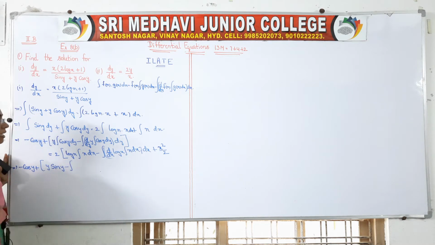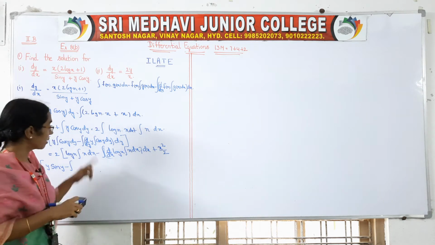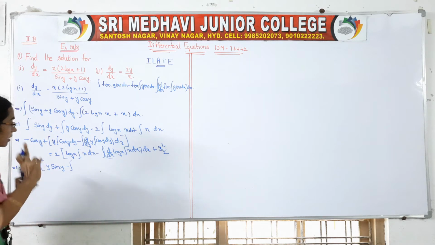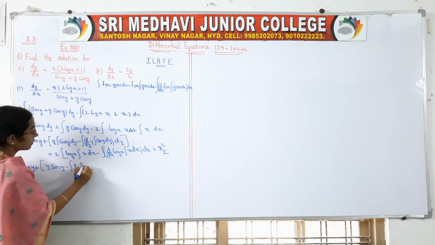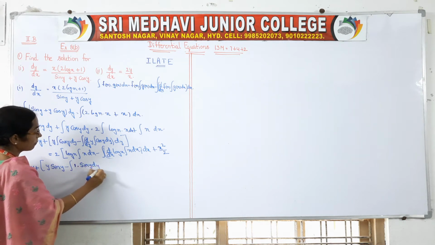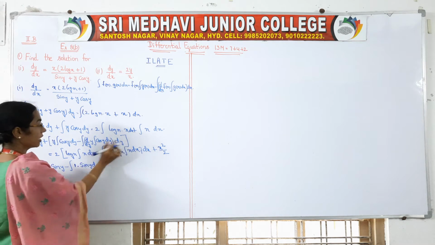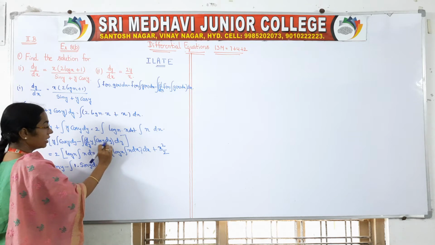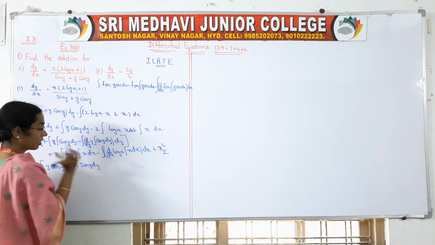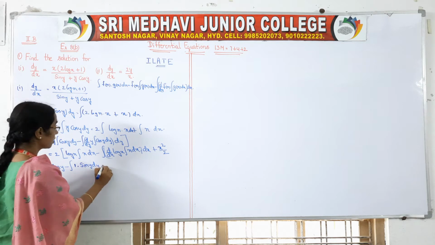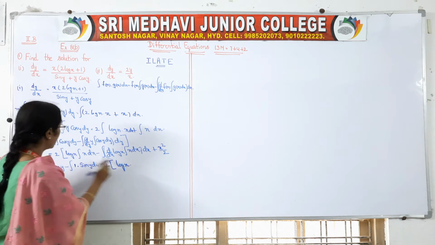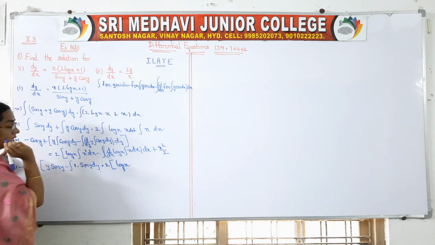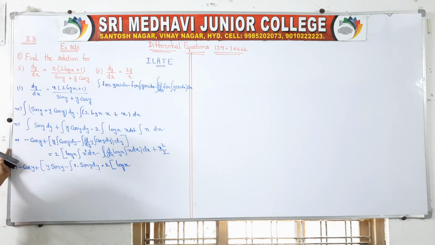Okay, minus d by dx of x is 1, same thing, d by dy of y is 1. Okay, and integral cos y is sin y dy. So is equal to 2 into log x, and this one can be taken as x to the power of 1.